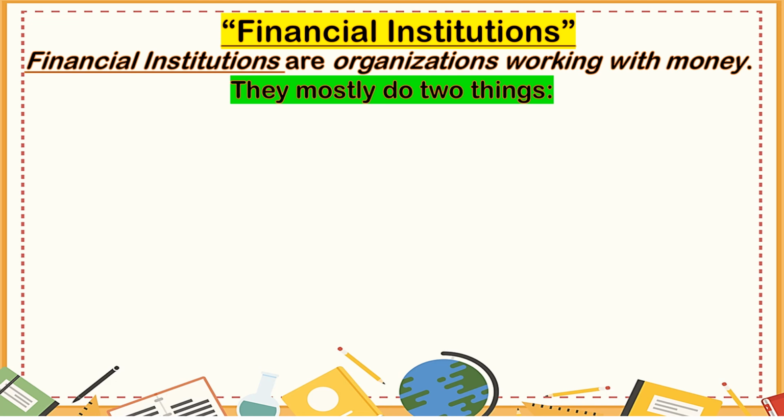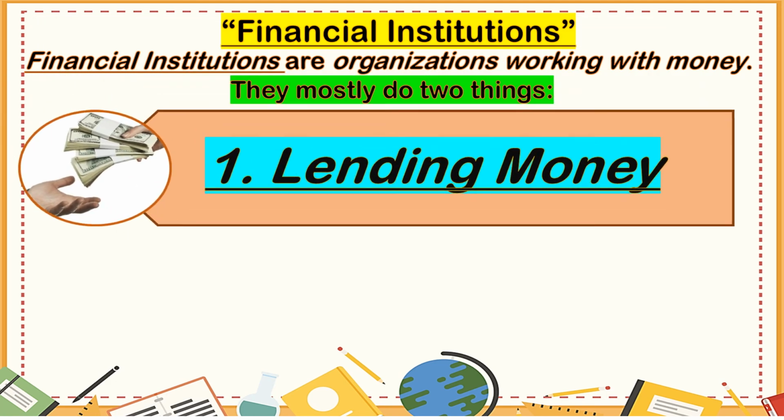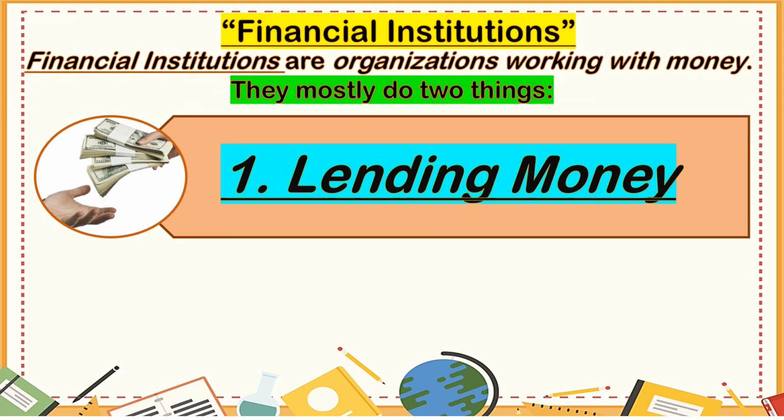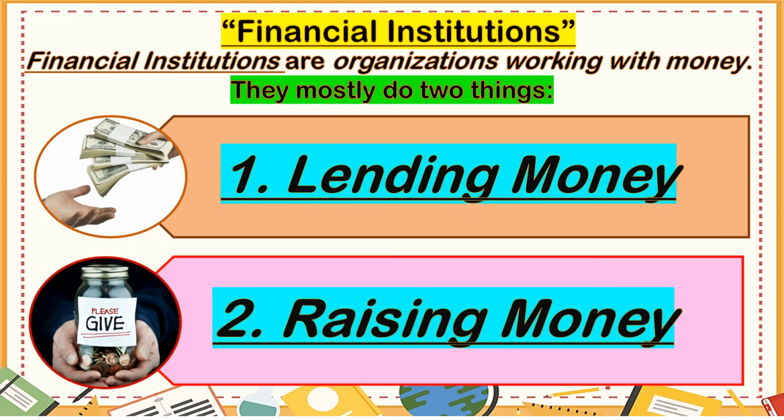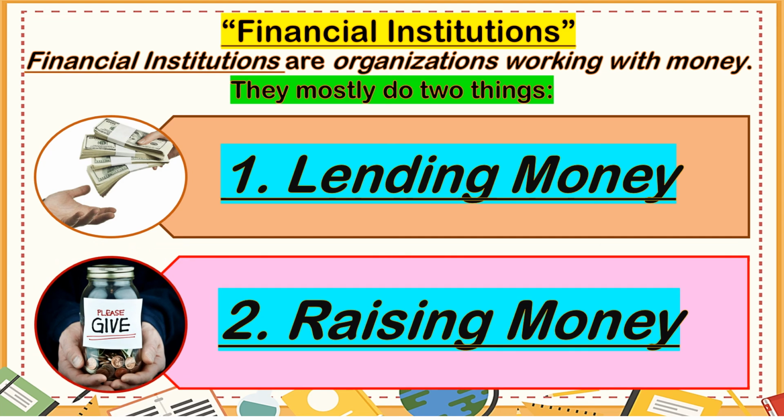So what mostly are the 2 things that financial institutions do? Number 1, lending money. If someone is going to borrow money from them, they are going to lend it, but with conditions of paying the interest. And number 2, raising money. You are donating for a cause. So financial institutions do that. Lending money to people who are in need and raising money also again for people who are in need and less fortunate ones.